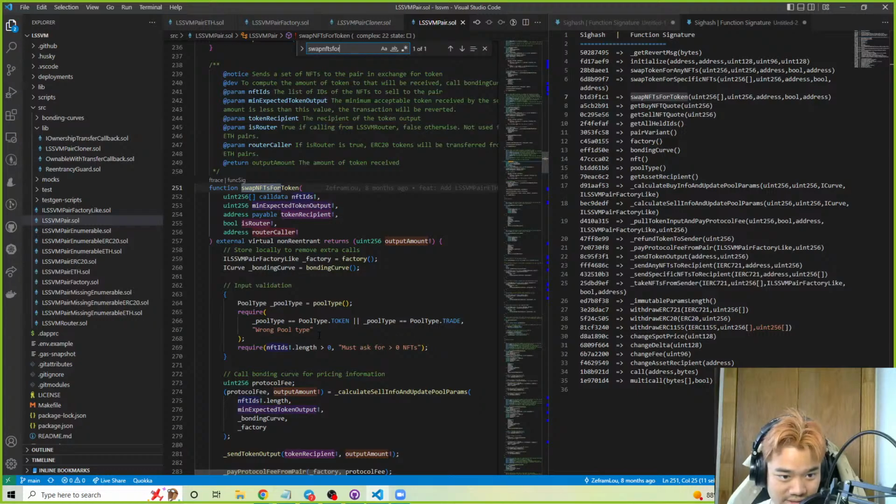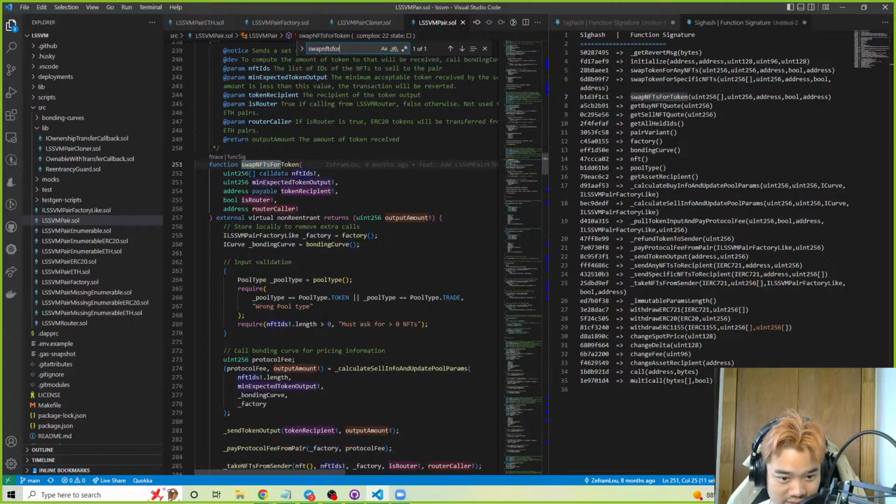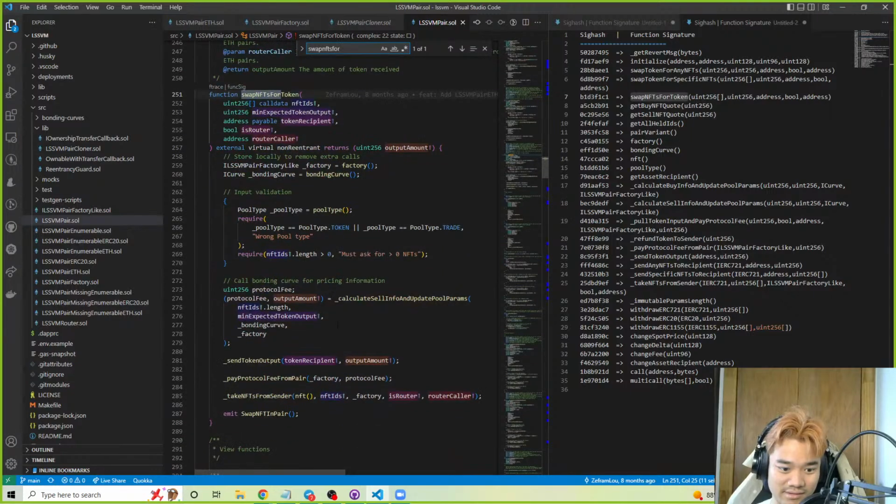In this case, if I'm swapping NFTs for some token, and it's a token pool, that means... Wait.